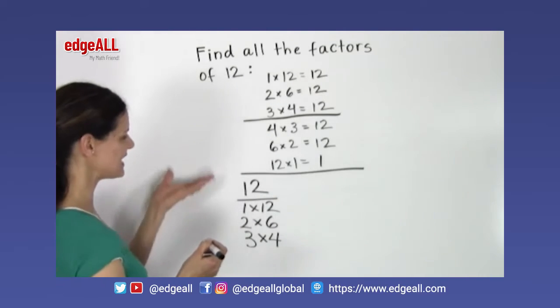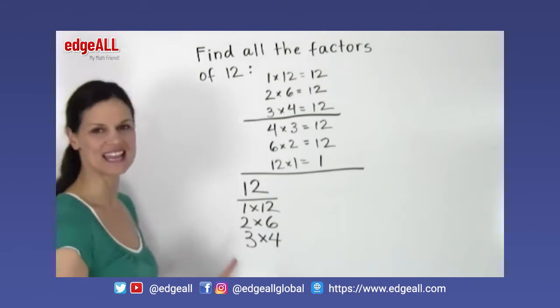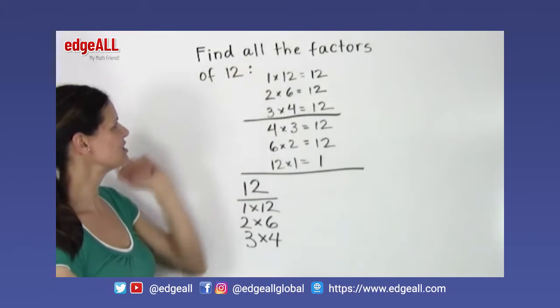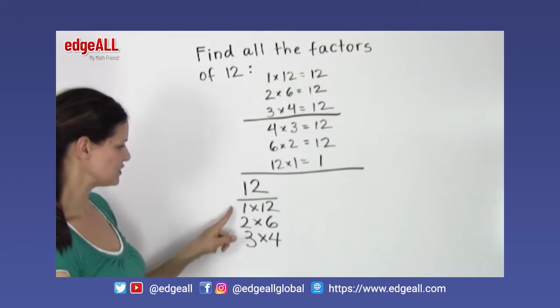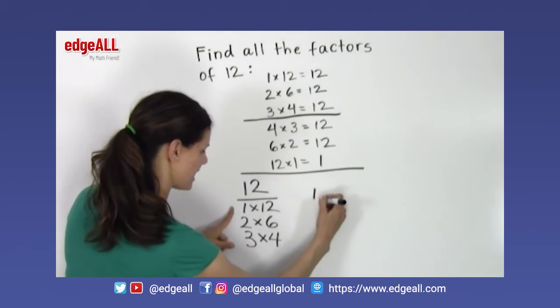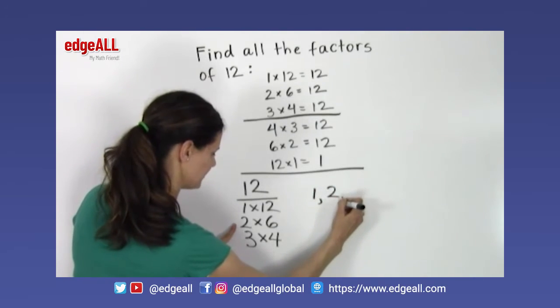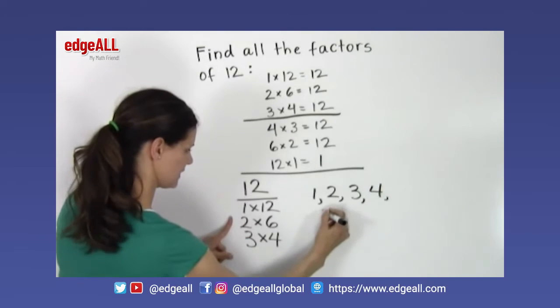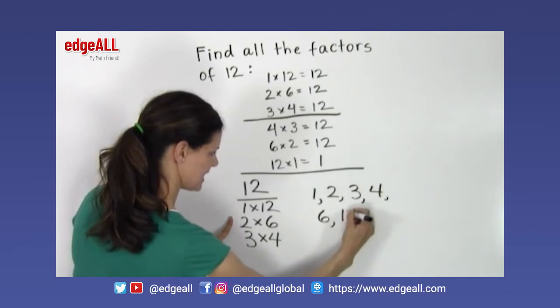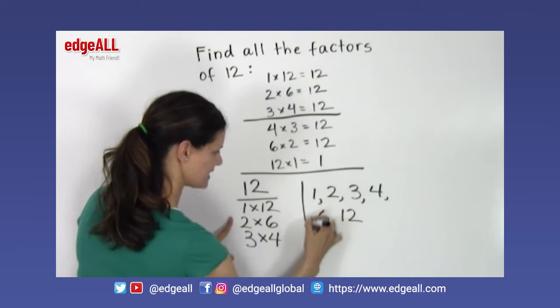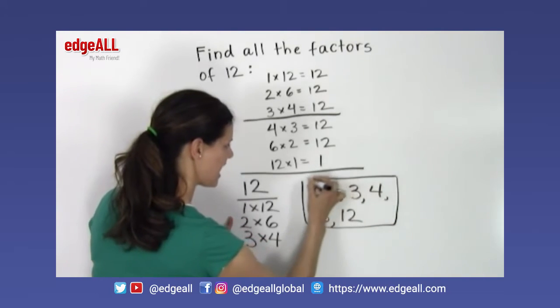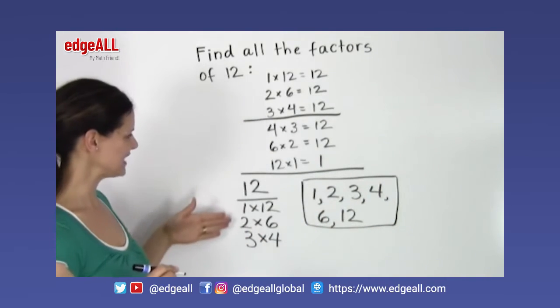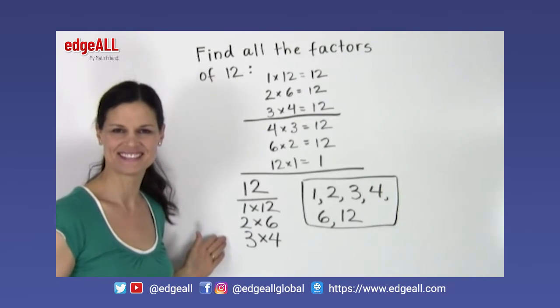So we would simply again list these numbers in order as the solution to finding all the factors of 12. So we would list 1, 2, 3, 4, 6, and 12 as all the factors of 12 in a little bit simpler fashion.